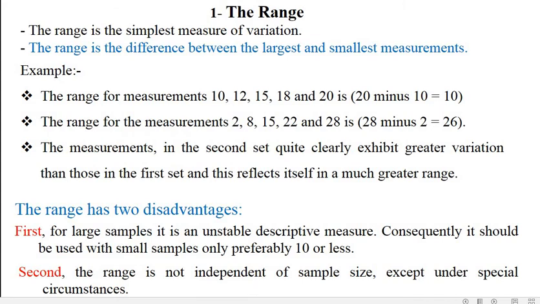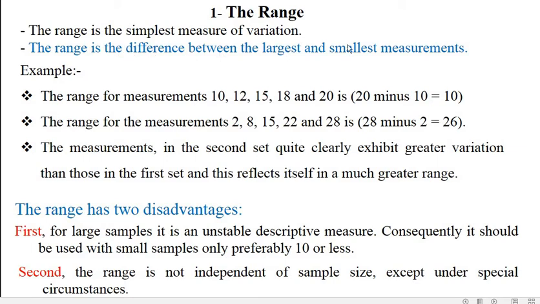First, the range. The range is the simplest measure of variation. The range could be defined as the difference between the largest and the smallest measurements in data.